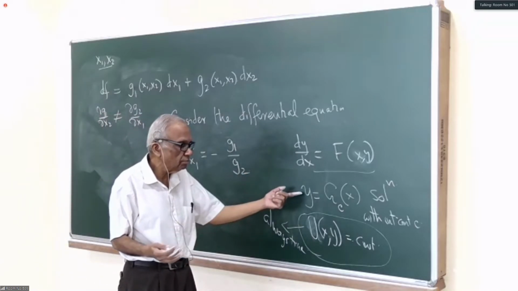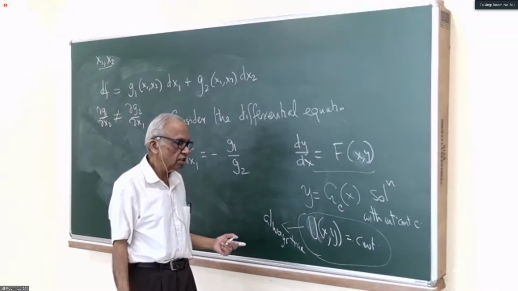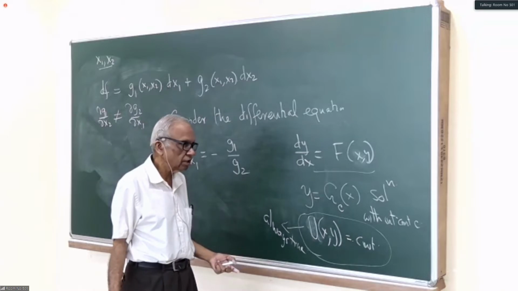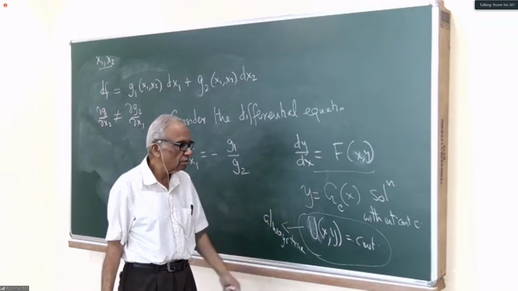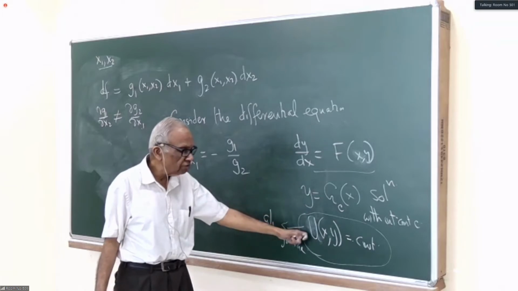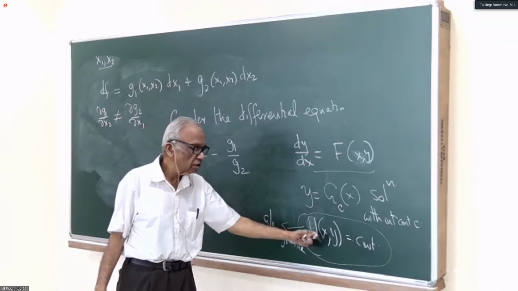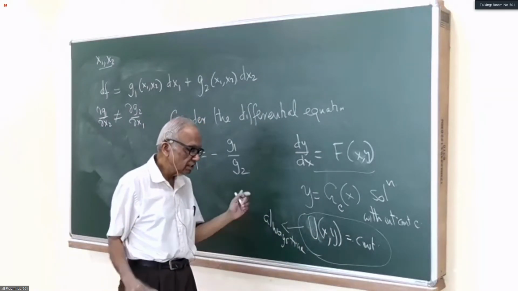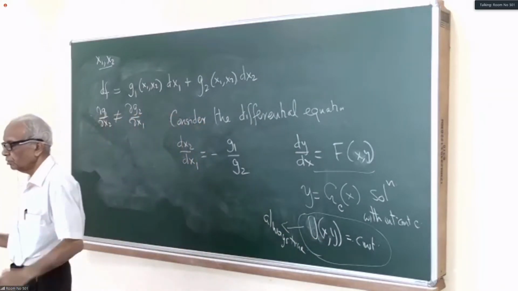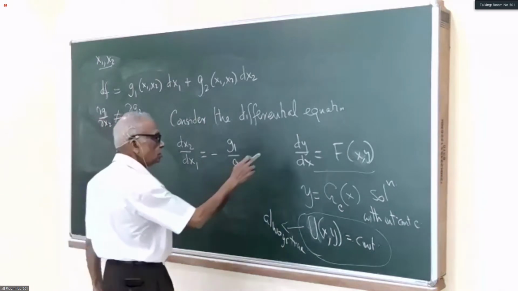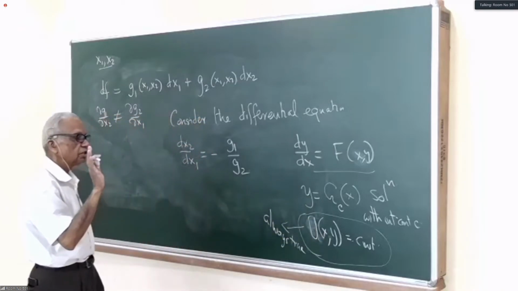It may not simply be a linear thing in y, and x and y can get awfully mixed. The thing is that always it's a function of x and y which is equal to some constant. That form is assured. u of x, y equal to constant would be the solution of this differential equation.